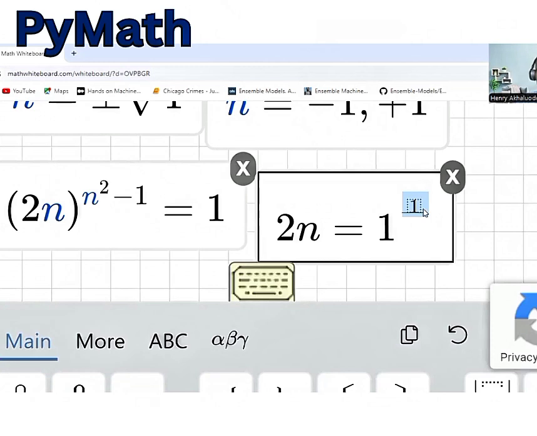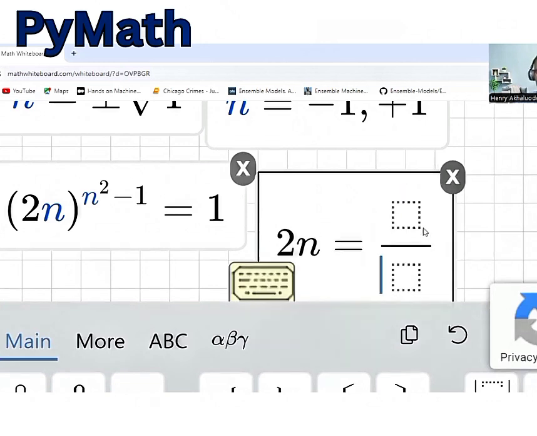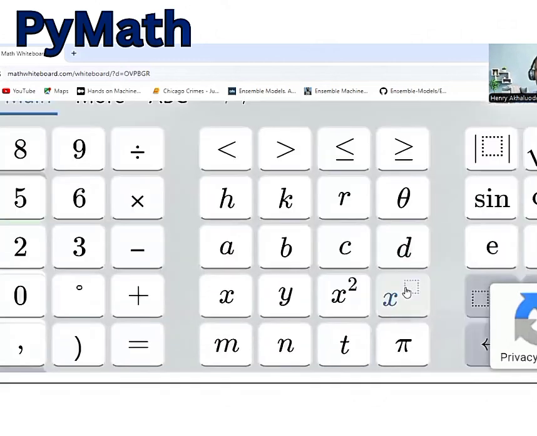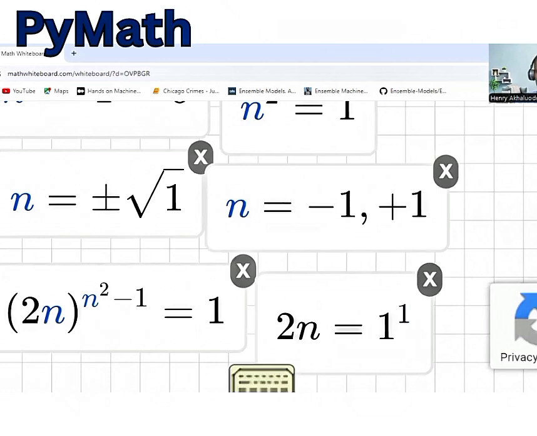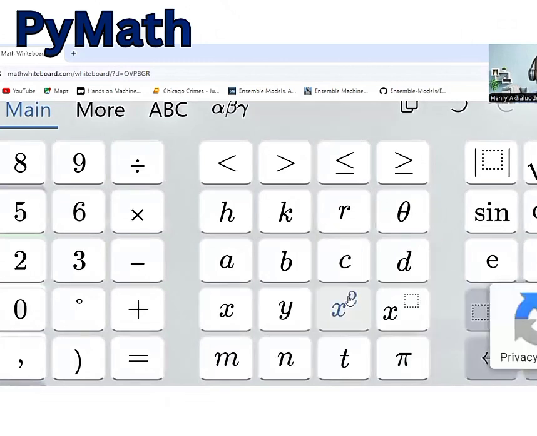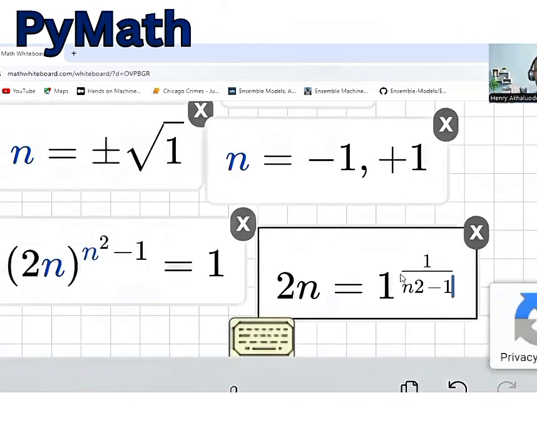So it equals 1 to the power of 1 all over n squared minus 1. So that's raised to that power.